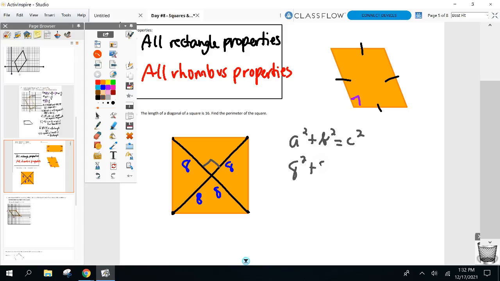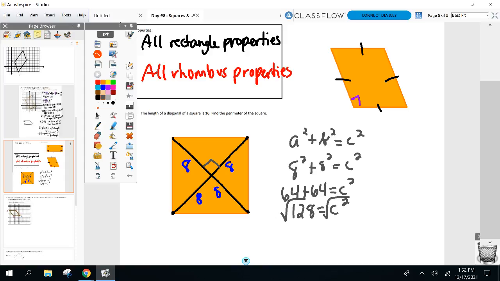8 squared plus 8 squared equals c squared. 64 plus 64 equals c squared. What do we have? 128. What are you doing to get rid of the squared? Square root both sides.